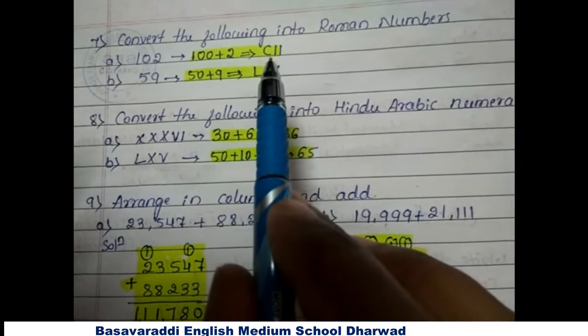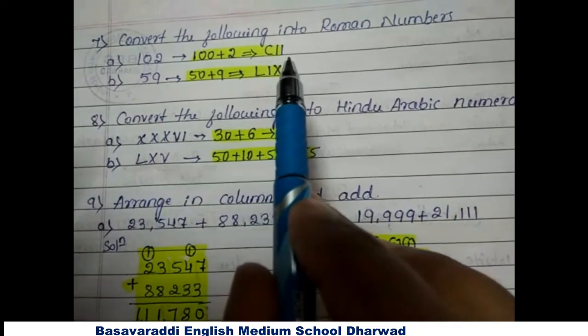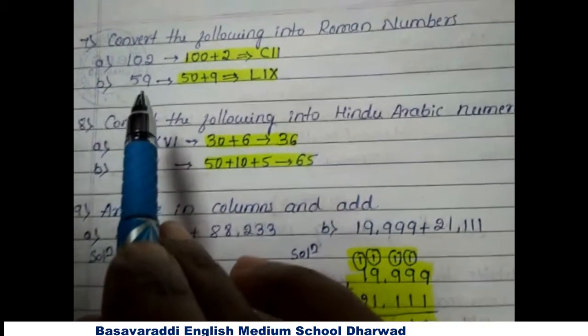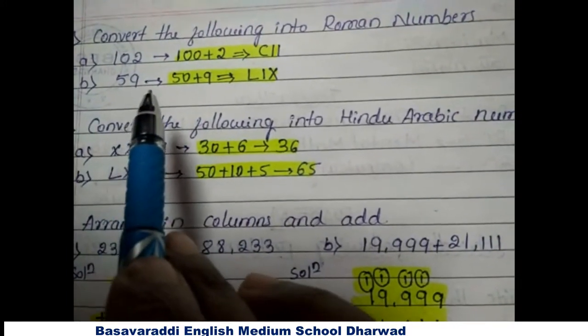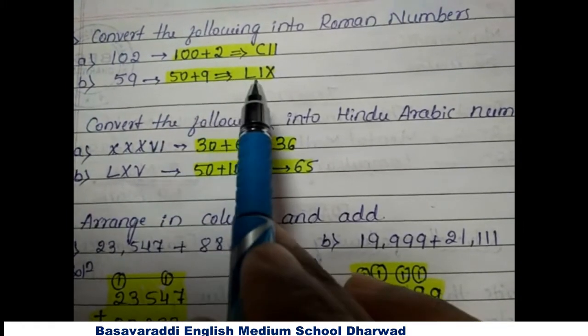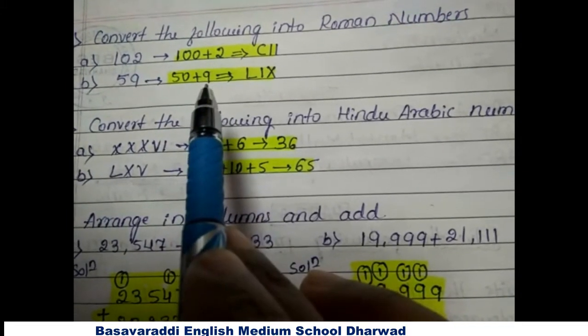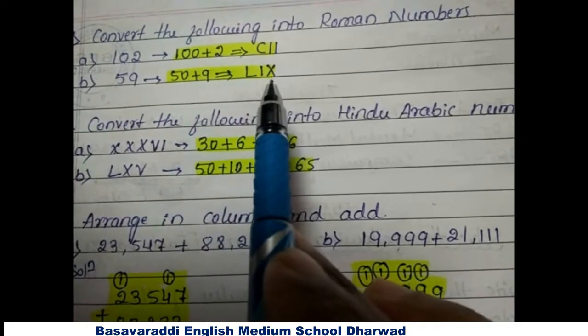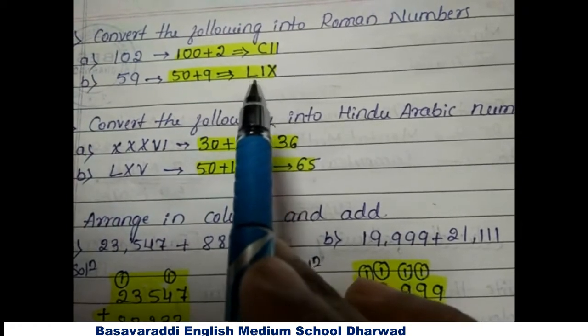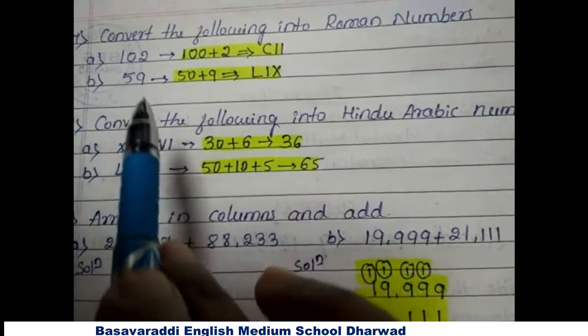That means CII shows 102. B, 59. That is 50 plus 9. The symbol of 50 is L and the symbol of 9 is IX. LIX. The value of LIX is 59.